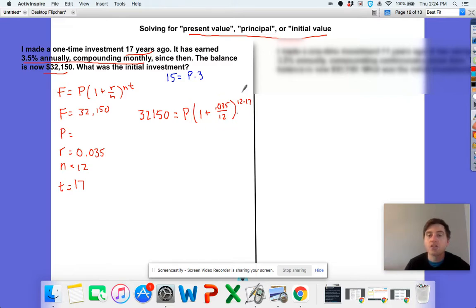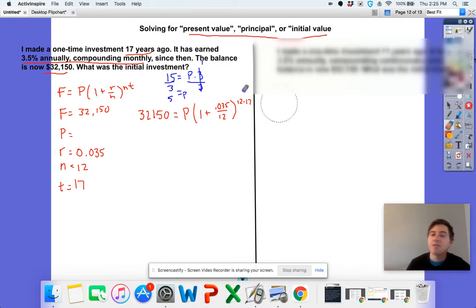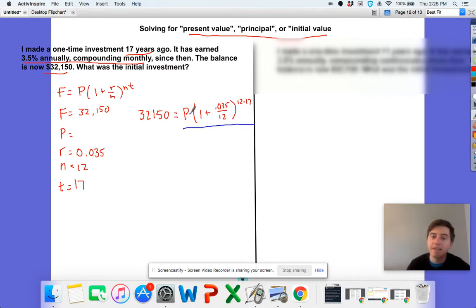So what we're going to do is just treat that as a number itself. Exactly how you would divide by 3 to make that 1, divide by 3 to make this 5 and say that P equals 5. Exactly how you would solve a simple equation like that is how you're going to solve this one. Since it's P times this, let's just divide by that, and we're going to divide that over here too.